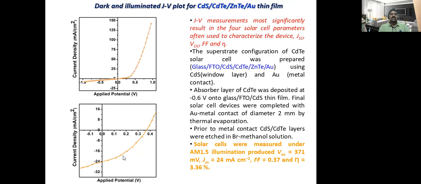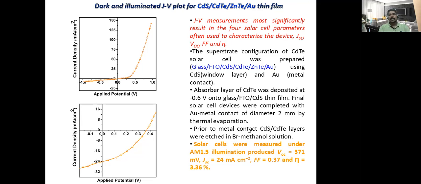Then the JV characterization of this solar cell structure under dark and illumination conditions is carried out to find out the four major parameters of the solar cell, that is the VOC, JSC, fill factor, and the efficiency.